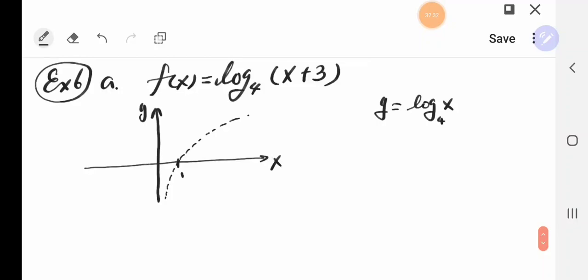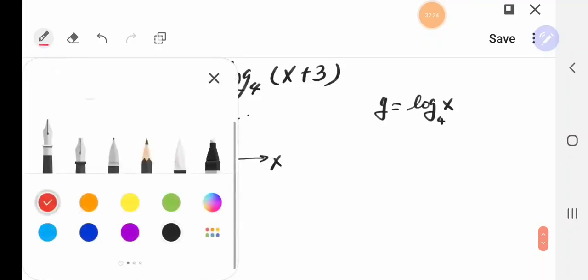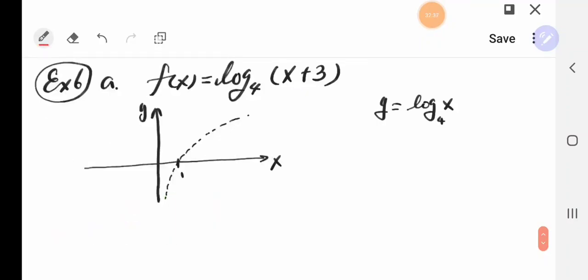Okay, now this is translation. X is increased by 3. That means shift the graph of logarithm base 4 of x. So shift this graph 3 units to the left. So 1, 2, 3. -1, -2. This is -3.